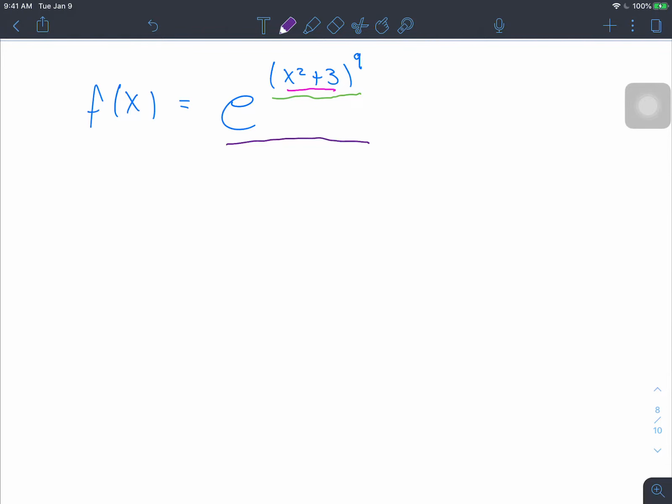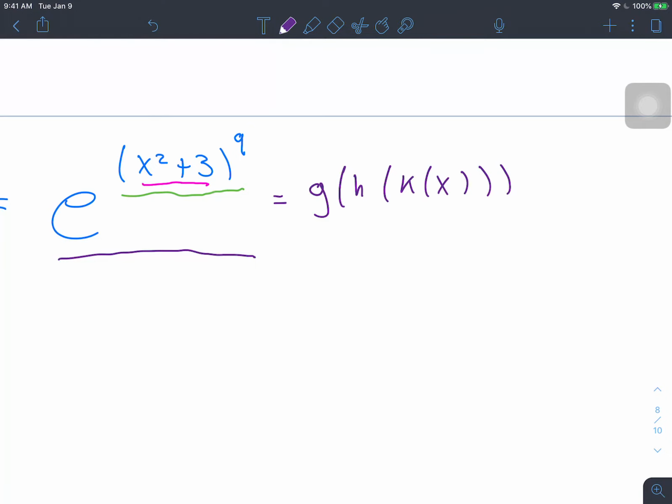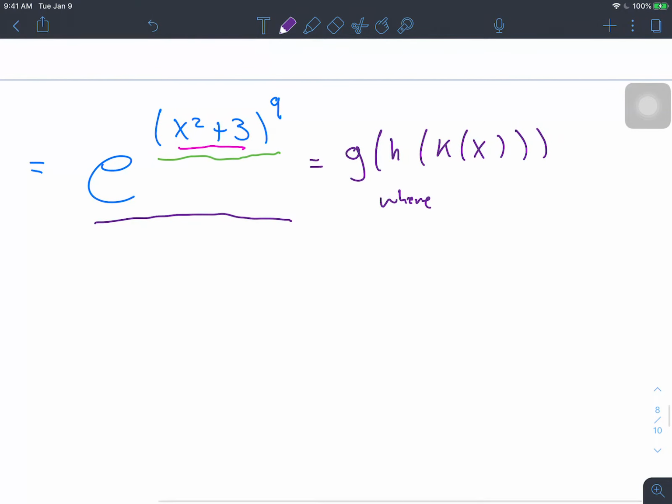Okay, I have a function being plugged into a function, and then I take the result of that and I plug it into yet another function. So I could write this as g of h of k of x, where k of x, the innermost function, is x squared plus 3.